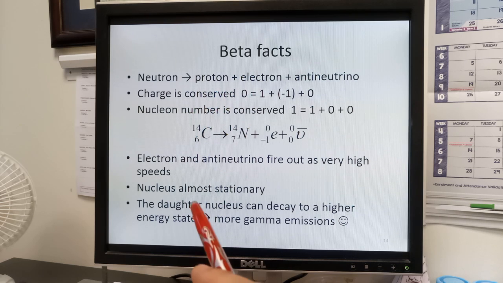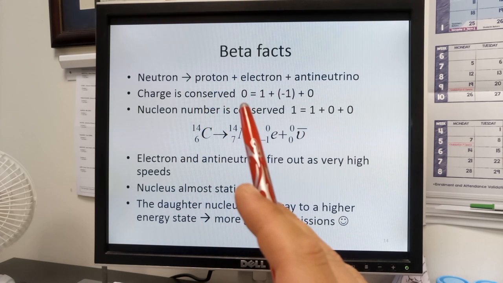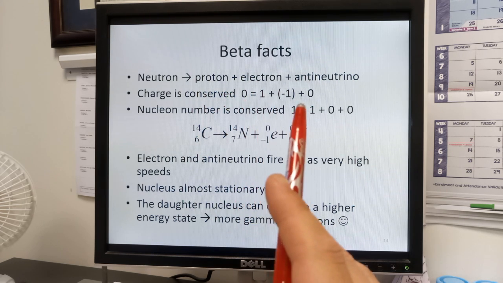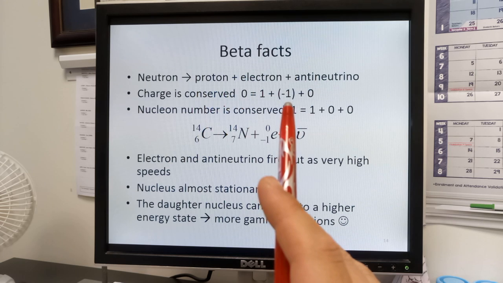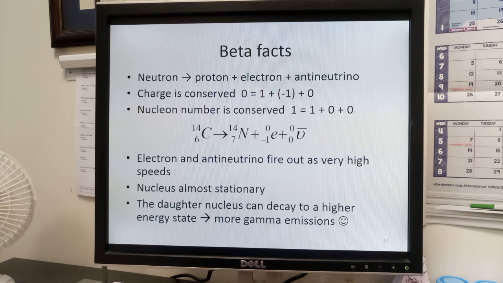And the other thing too is that the charge is conserved, because you've got a 0 here that would represent the neutron, but it's becoming here a proton, which would be +1, plus an electron, which is -1, and the antineutrino, which is 0. Also, the nucleon number is conserved. Nucleons refer to the number of protons and neutrons.